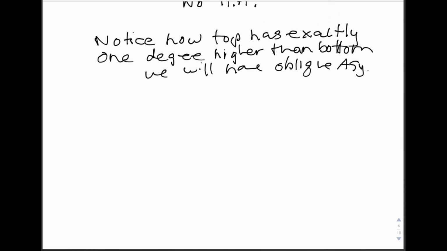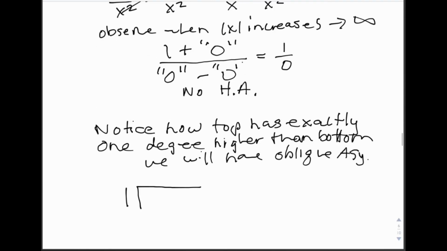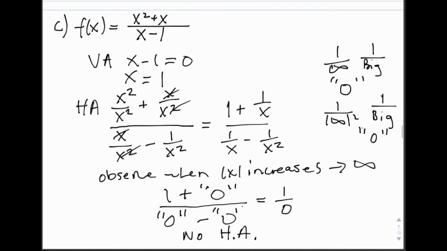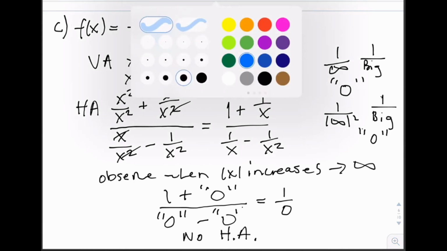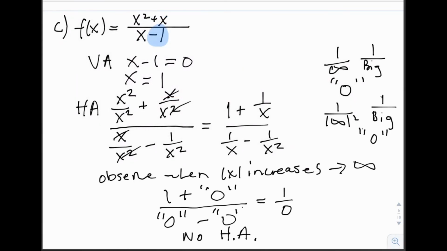Okay, so setting up our division, what will we have? Well, we'll have a 1 on the outside, and the reason we have that, notice how we have an x minus 1, so we want to take the opposite sign. And then our coefficients will come from this x squared plus x.